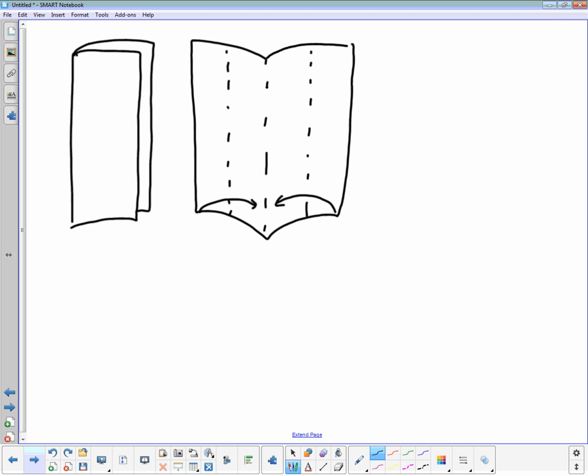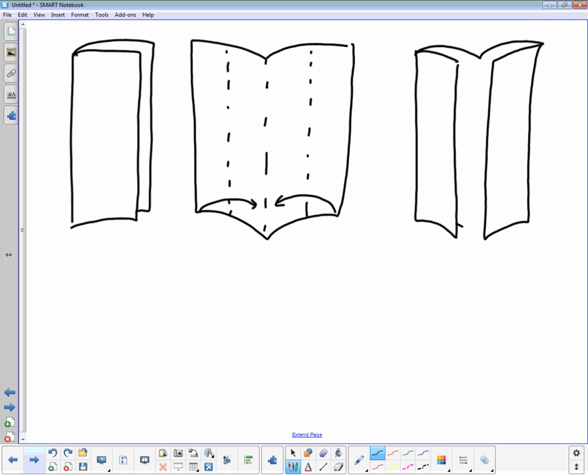So when you're done, it should look like this. Like that. Fold it in. All right, so everybody has something that folds like that.